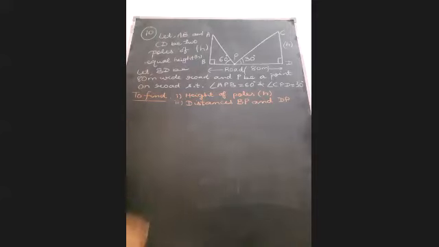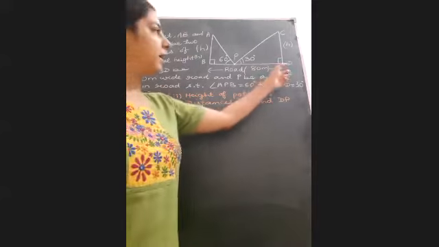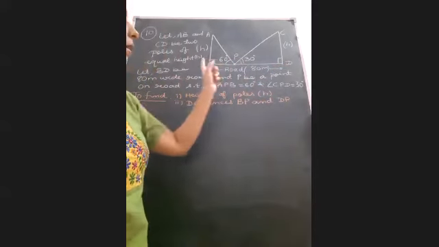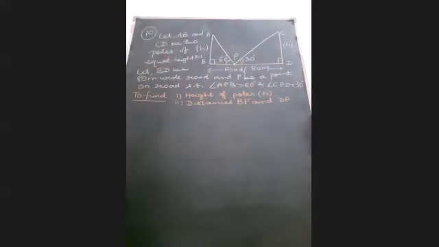Acha, एक और चीज. We are not given any side of any of the triangles, but we are given this complete thing is 80. So out of BP or AP, you assume one of the things to be X, so that at least some side of the triangle we are getting.